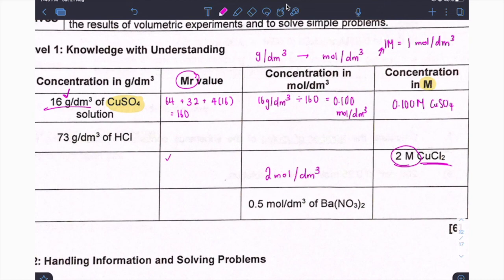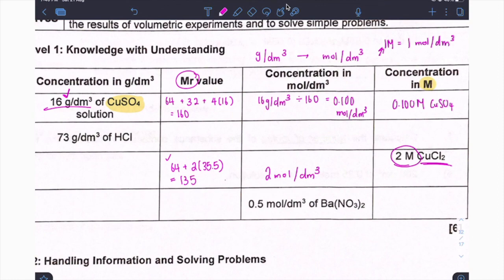We're going to calculate the molecular mass of copper 2 chloride. So 1 single copper is 64, and then 1 chlorine is going to be 35.5. So if we take 2 chlorines into consideration, and then we add this to the mass of copper, our answer is going to be 135.